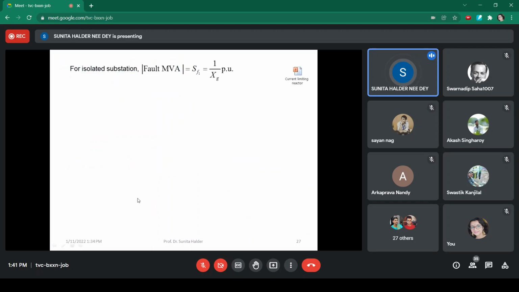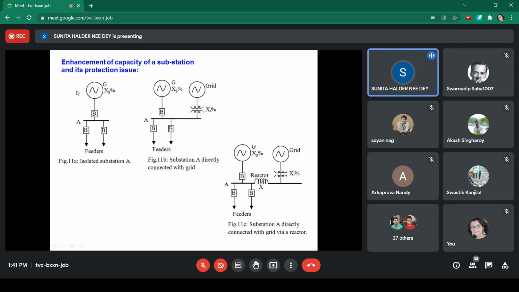Say, let us discuss with the fault MVA. When there was just an isolated system, the generator reactance was Xg. So in per unit, say it is X by 100. If we know the reactance, then we can calculate the per unit fault current, because here the voltage is 1 per unit.